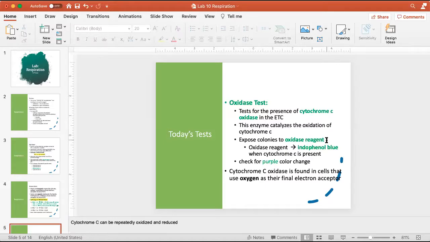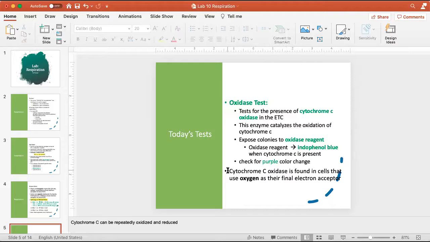If those cells in those colonies have this enzyme called cytochrome C oxidase, what's going to happen is they're going to turn that reagent into this molecule called indophenol blue. Now, what's important to know about this reaction is that it's going to turn a color. Indophenol blue is going to produce this purple blue color.